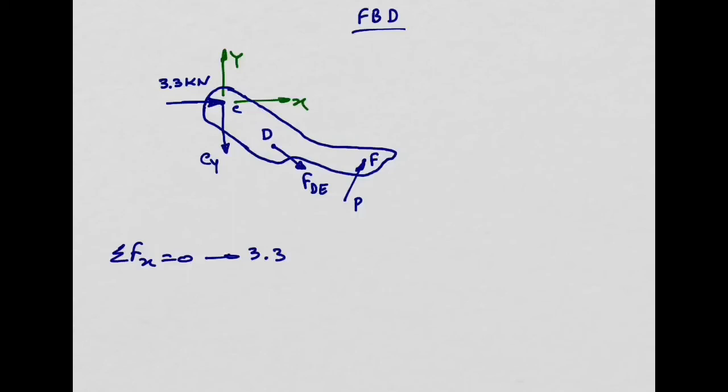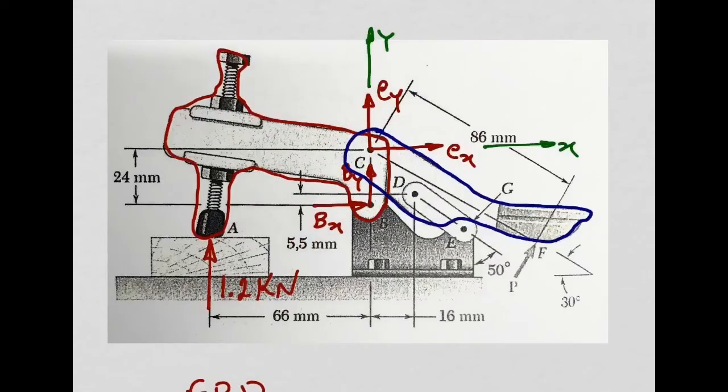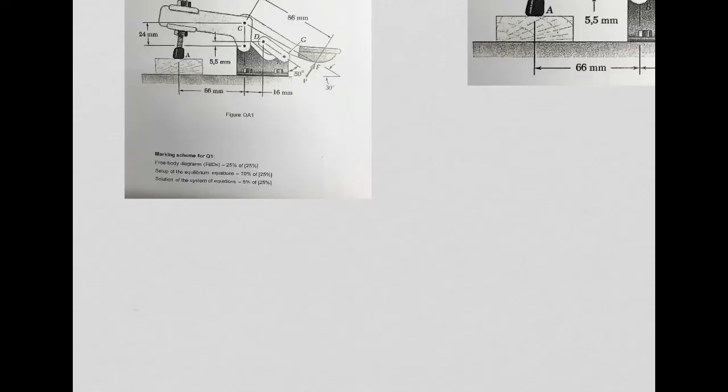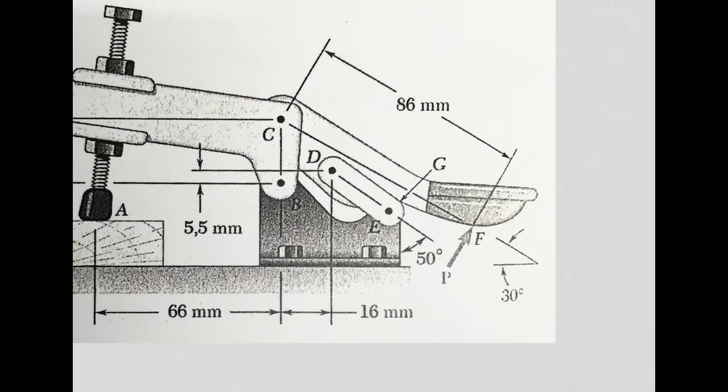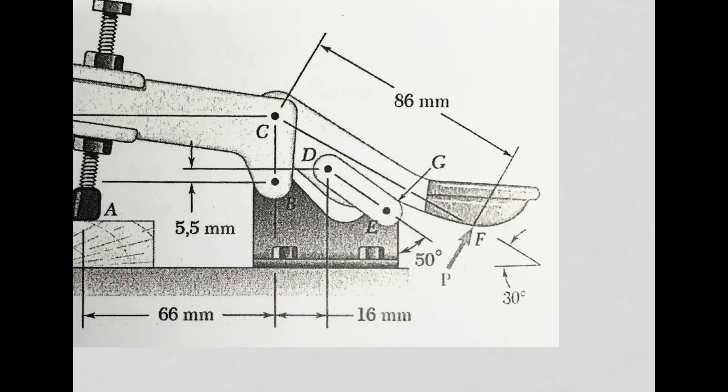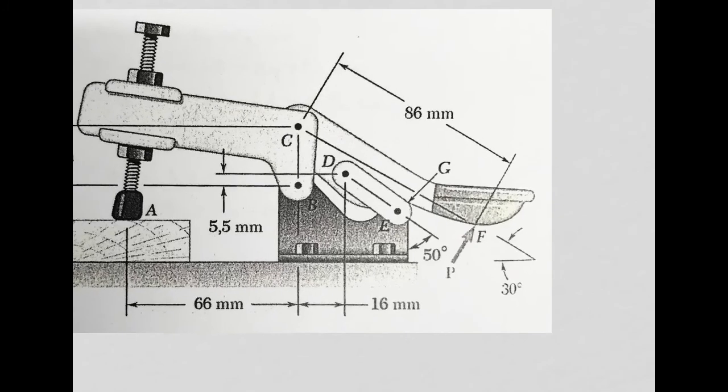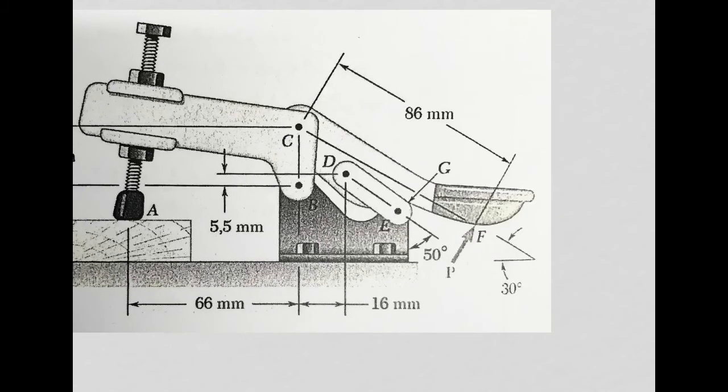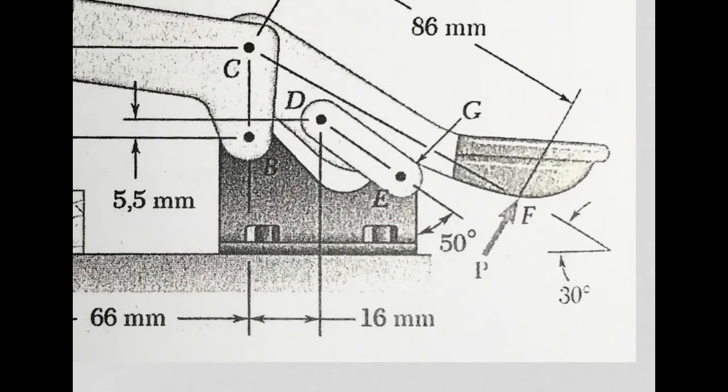So we need to get these angles, right? So let's go back to this figure here. Maybe not this one, maybe this one here. We need to get this angle here. Well, we have this one, which is 50 degrees. Look, this 50 degrees here is this angle here, right?